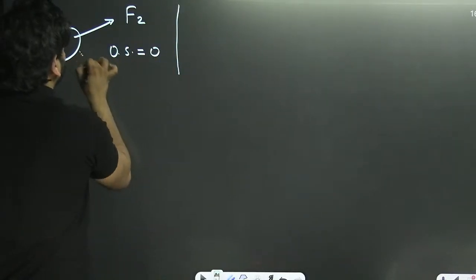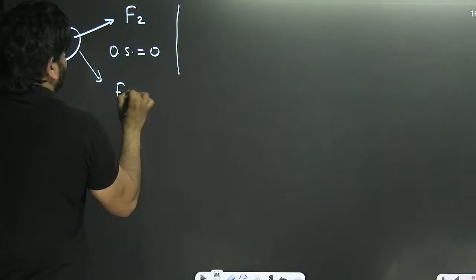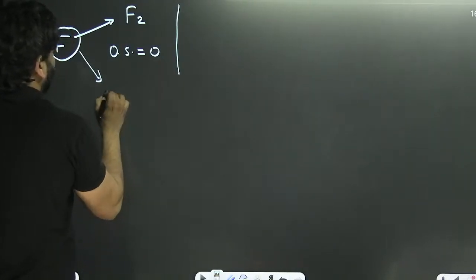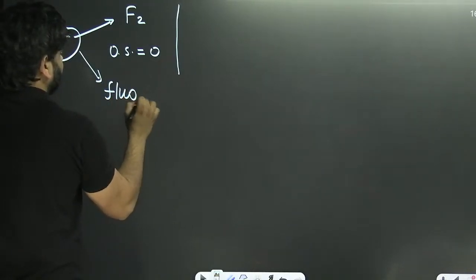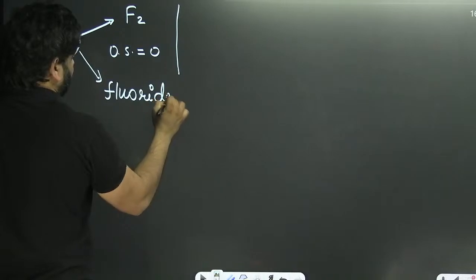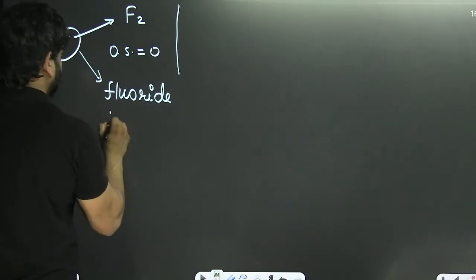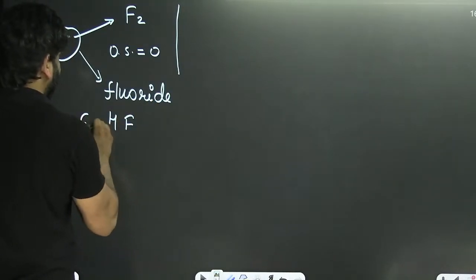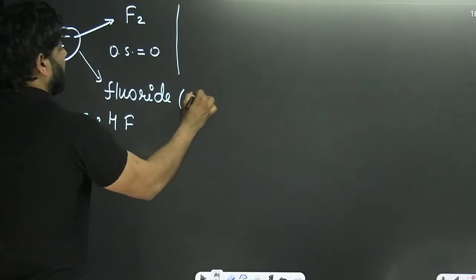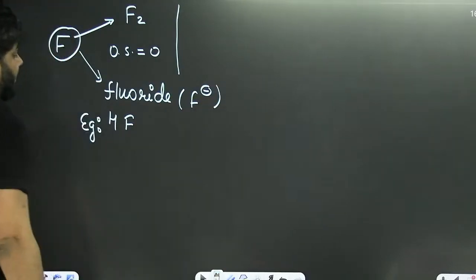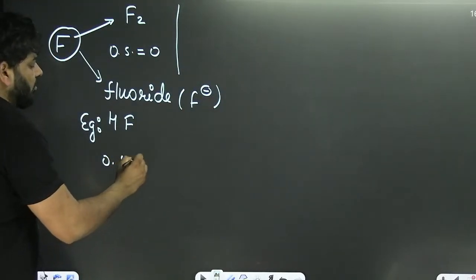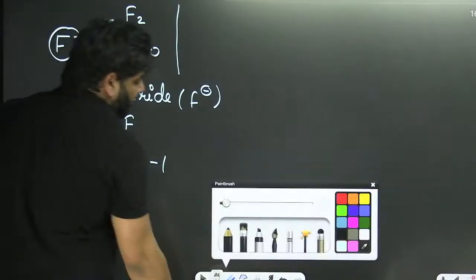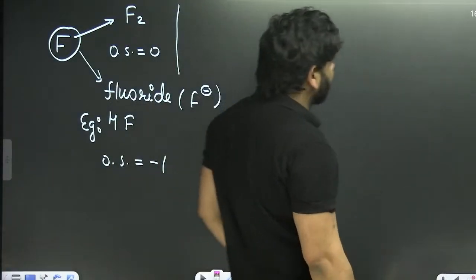The other one is F minus only, fluoride. Example is HF. Fluoride is F minus. So their oxidation state will be negative of 1.